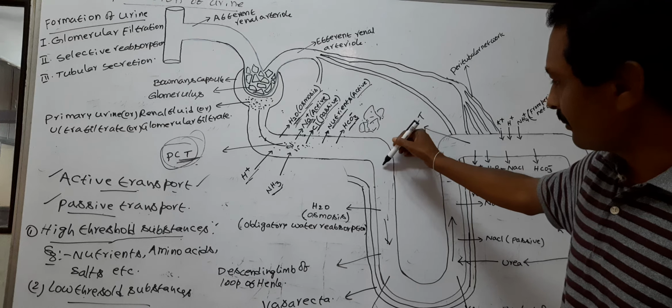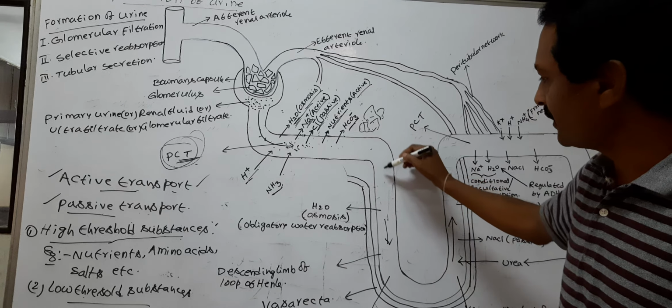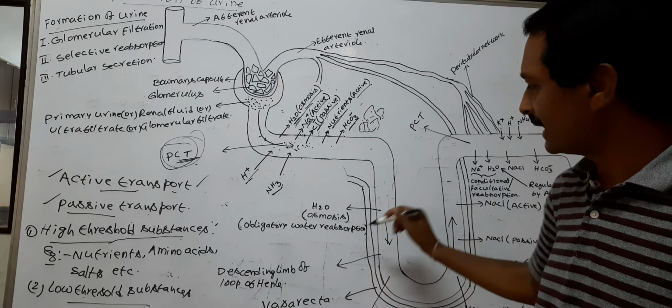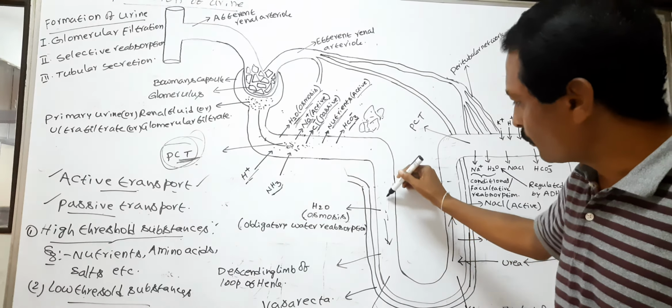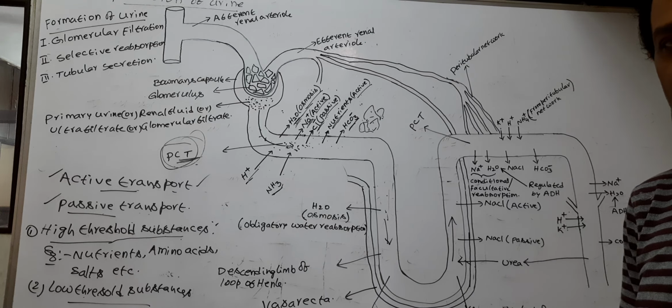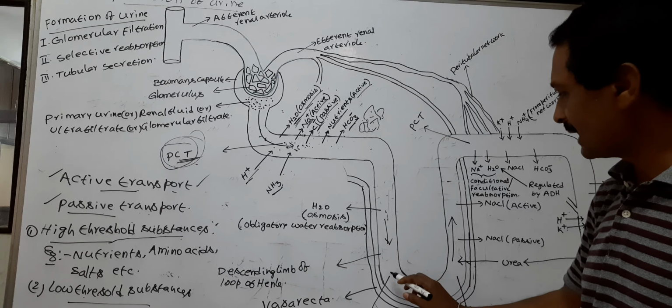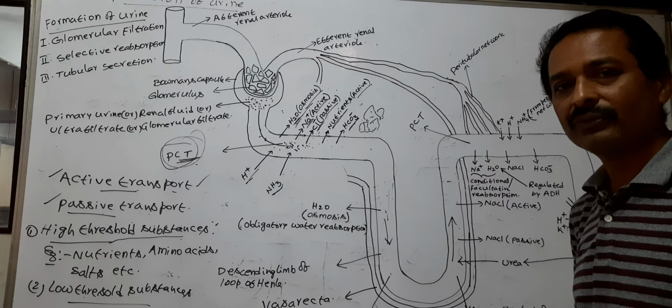The PCT continues to form the descending limb of the loop of Henle. It moves deep into the medulla. Next, the descending limb continues to form the ascending limb of the loop of Henle.